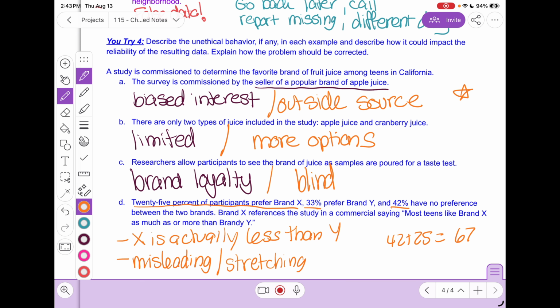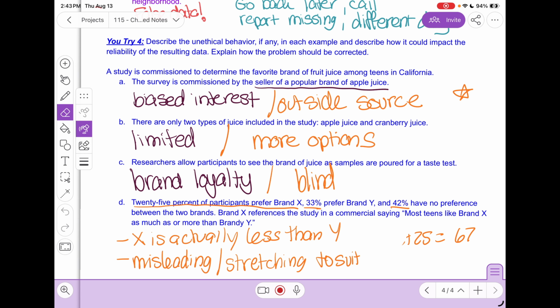That's more than 33, so they're not lying, but they're stretching the truth to suit their purpose. So again, not lying, but being overly cautious. So is it unethical? Meh. Is it illegal? No. So be careful what you're looking at and look at all the details is what you kind of want to pay attention to.